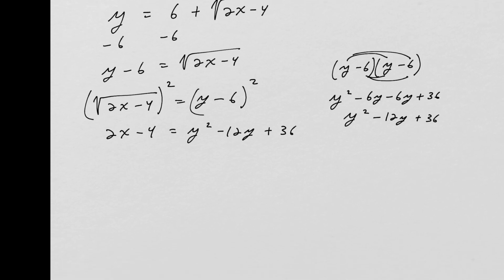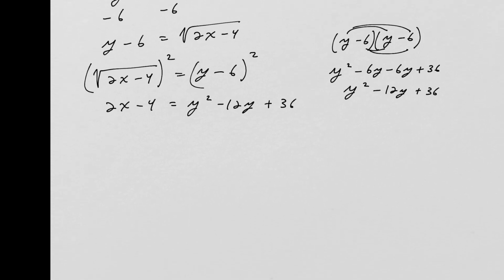Now, remember, my whole goal is to solve for x, right? So now I need to add 4 to both sides. So I have 2x is equal to y squared minus 12y plus 36 plus 4, which is going to be 40. And then finally divide both sides by 2.